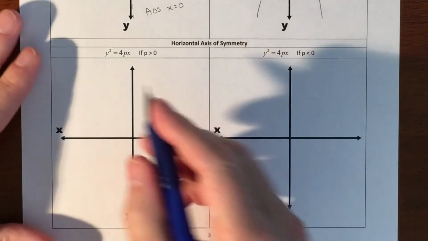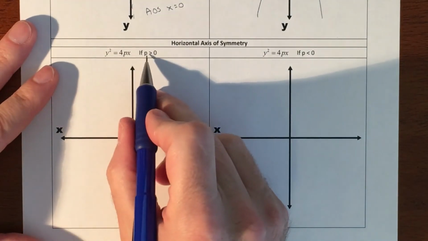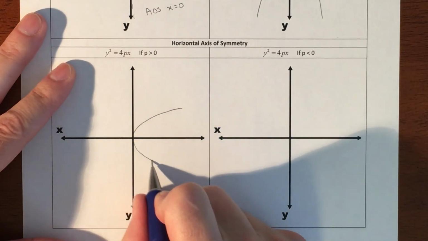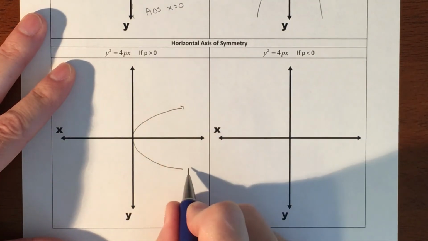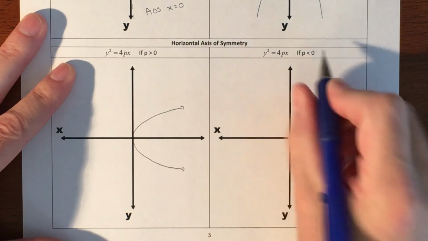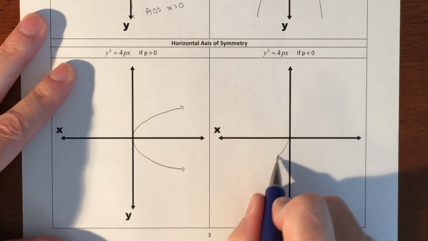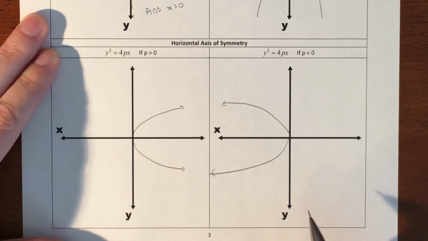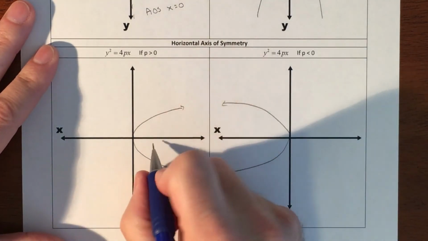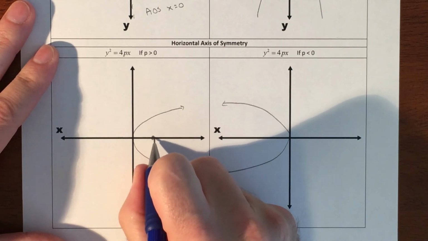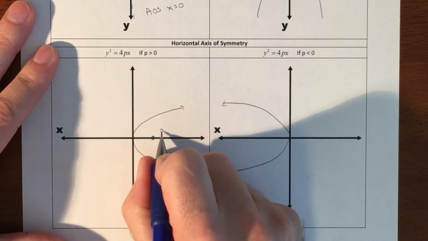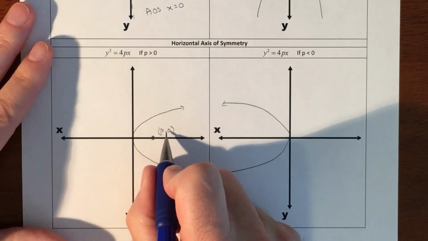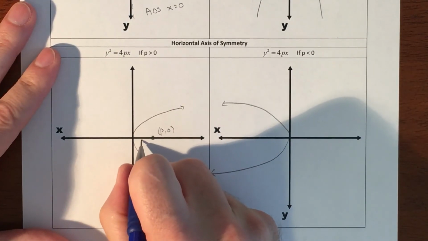So if it is y squared and your p is positive, that means your parabola is going to the right. If your p value is negative, then your parabola is going to the left. All right, so now your focal point is going to be here, so (p, 0). Again, that point's not going to be perfectly like that, but it's going to be this distance of p.